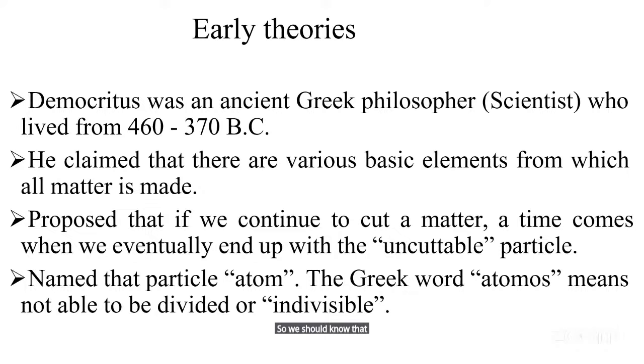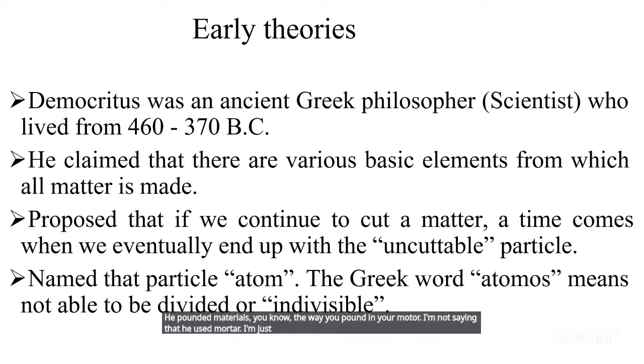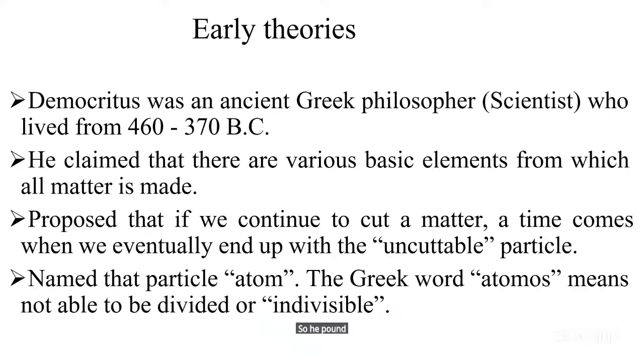Now, what Democritus did was he pounded materials, the way you pound in your mortar. I'm not saying that he used a mortar, I'm just bringing it down to where we are so that we'll understand it better. So he pounded it into smaller and smaller particles. And so he referred to the fundamental building blocks of matter as atomos. That is a Greek word.